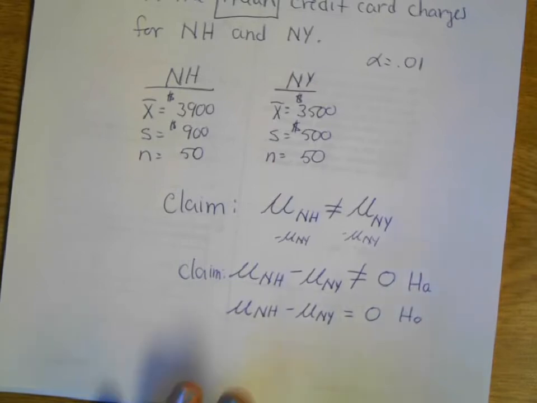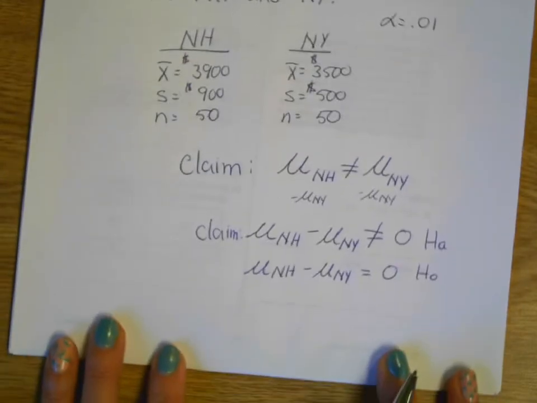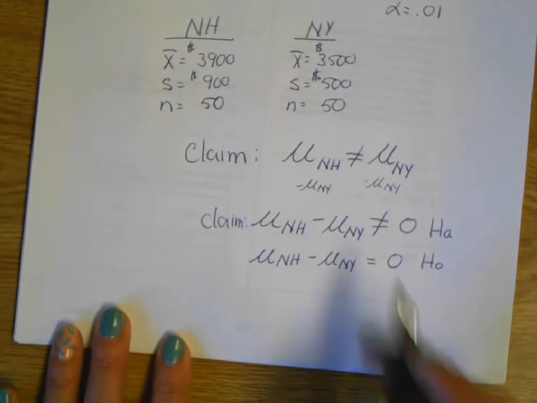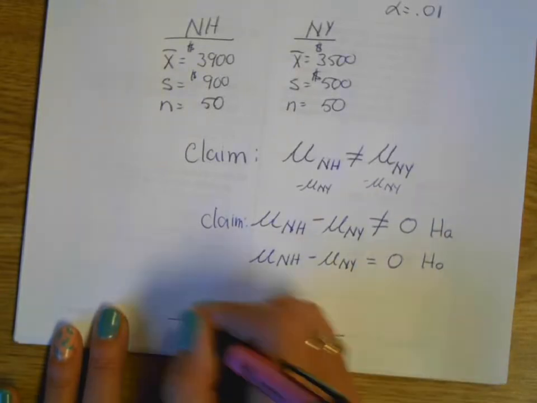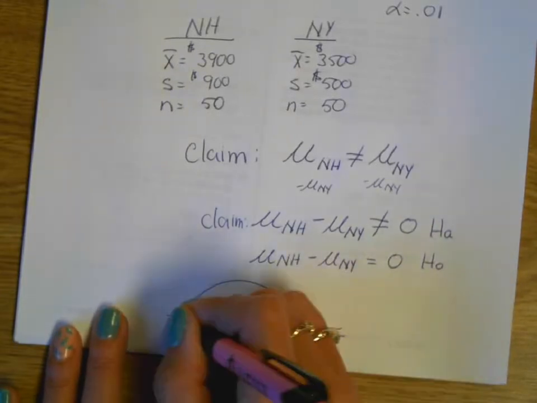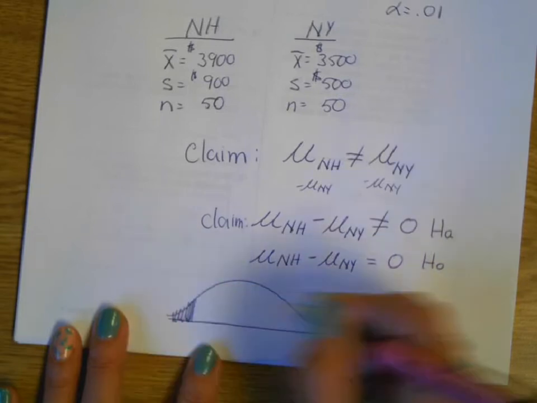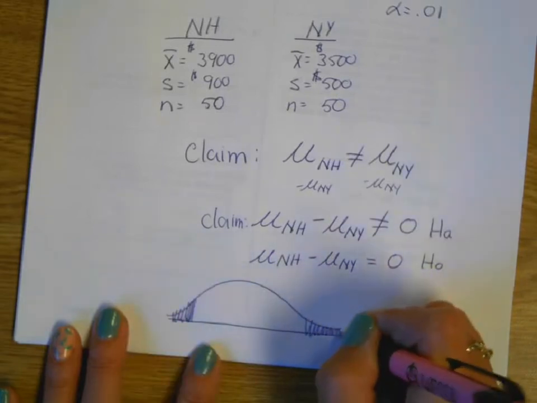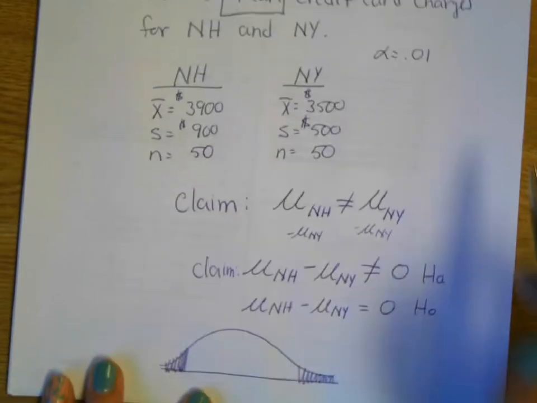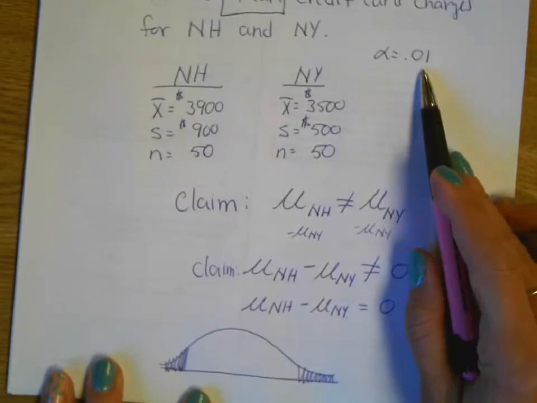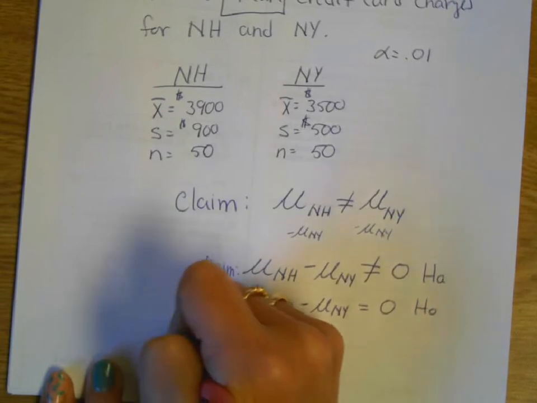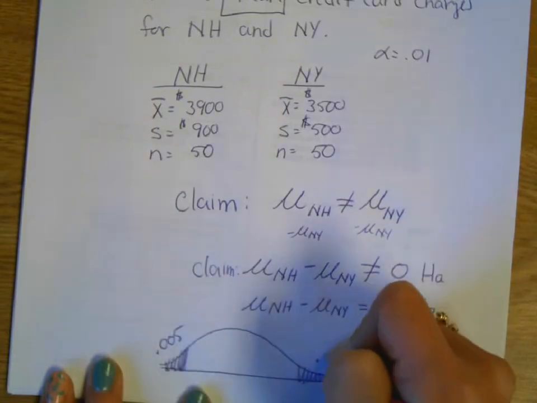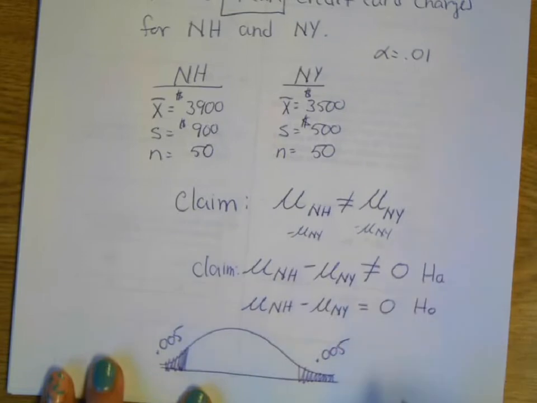Okay, now we're ready to sketch the rejection regions and find the critical values. What kind of test are we doing? Left tail, right tail, two tail? Two tail. How much is shaded in each one if our alpha was 1%? 0.005, 0.005.